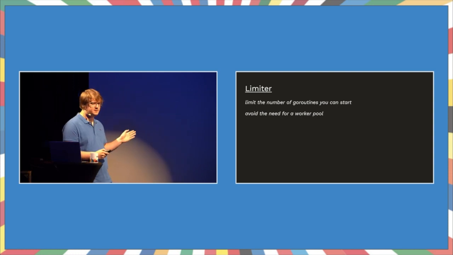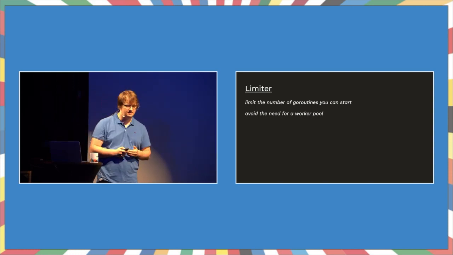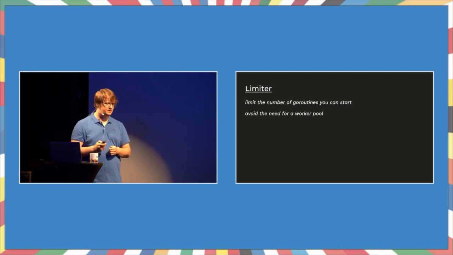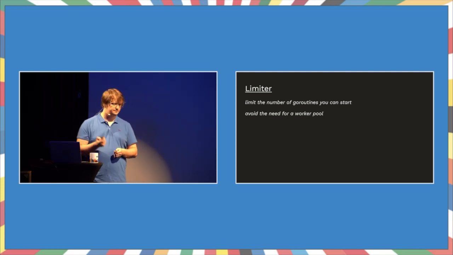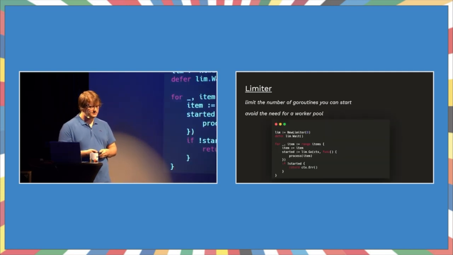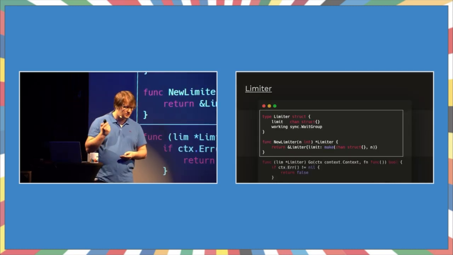We talked about the limiter, like the semaphore of channel that you can use to prevent too many coroutines from starting. Let's say we want to write an API that looks like this. We'll check whether the limiter can start something, or it blocks until it's started. If the context is cancelled, the started will return false. So how do you implement it?